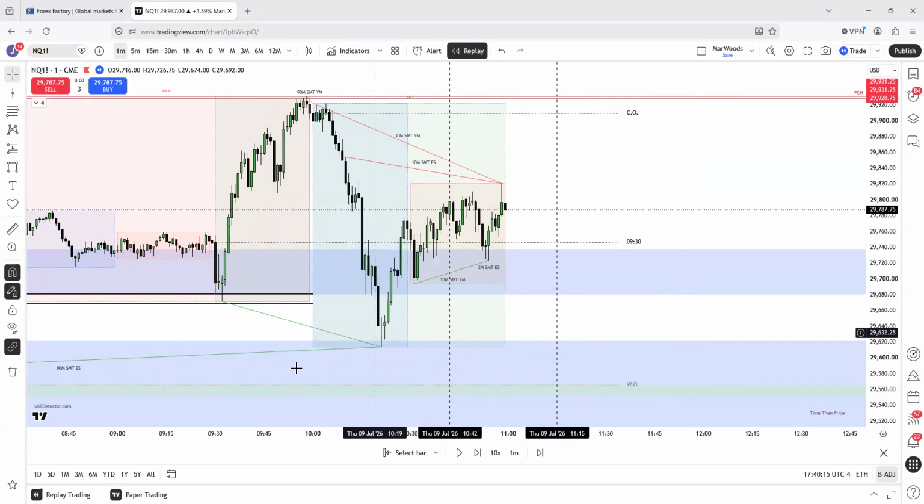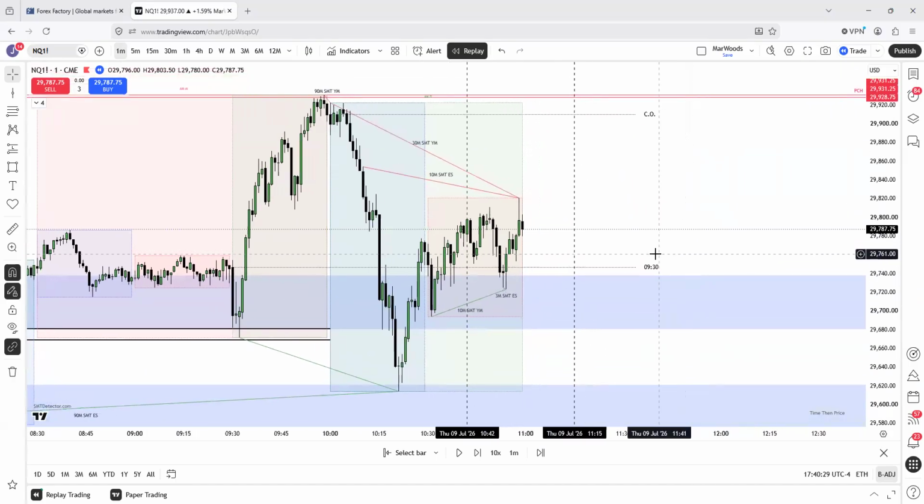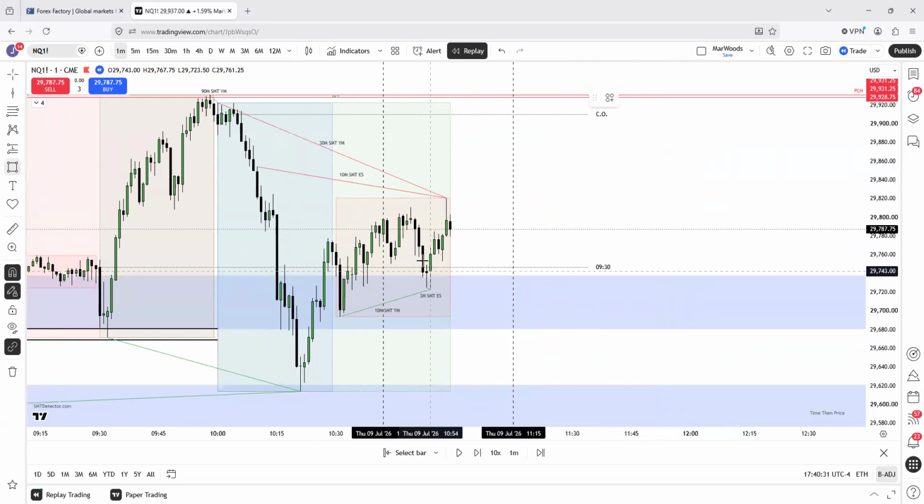On the lower time frame, we have 3-minute SMT, 10-minute YM SMT, and obviously the 90-minute SMT. We also see a change of state in delivery. Price here traded above this bearish fair value gap and closed above it.